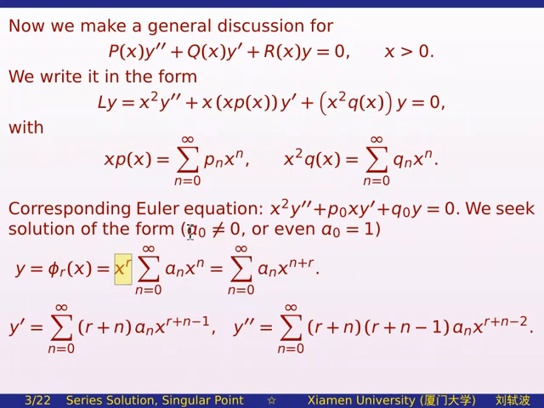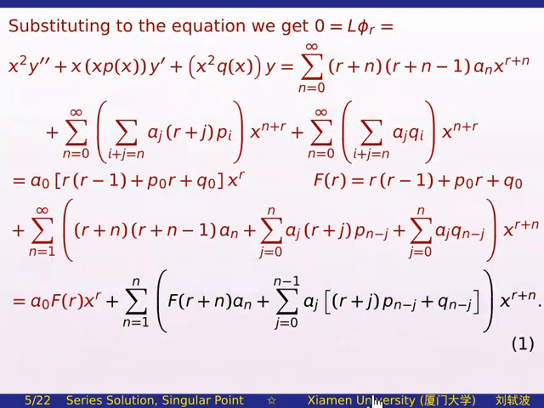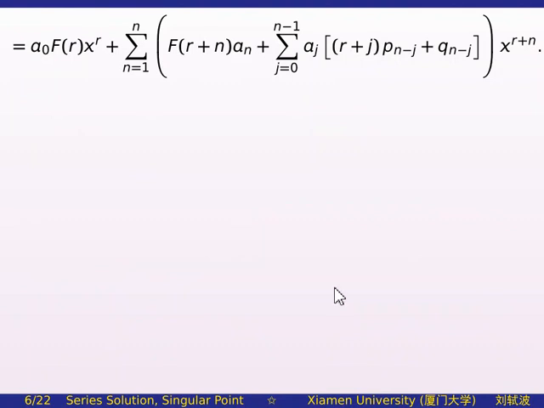So without loss of generality, we assume a_0 is not 0. Multiplying a real number to a solution is still a solution, so if we want, we can also make a_0 to be 1. Okay, so this is why a_0 is not 0.